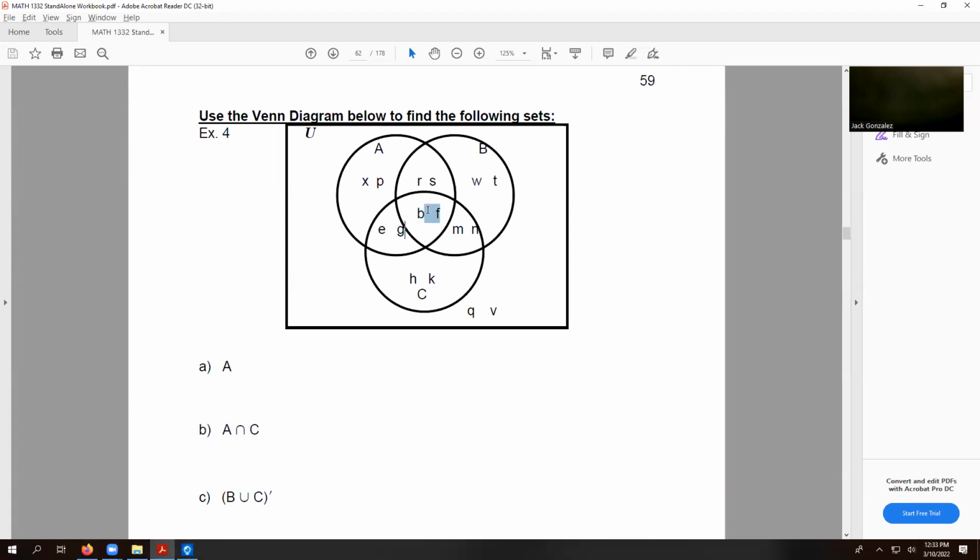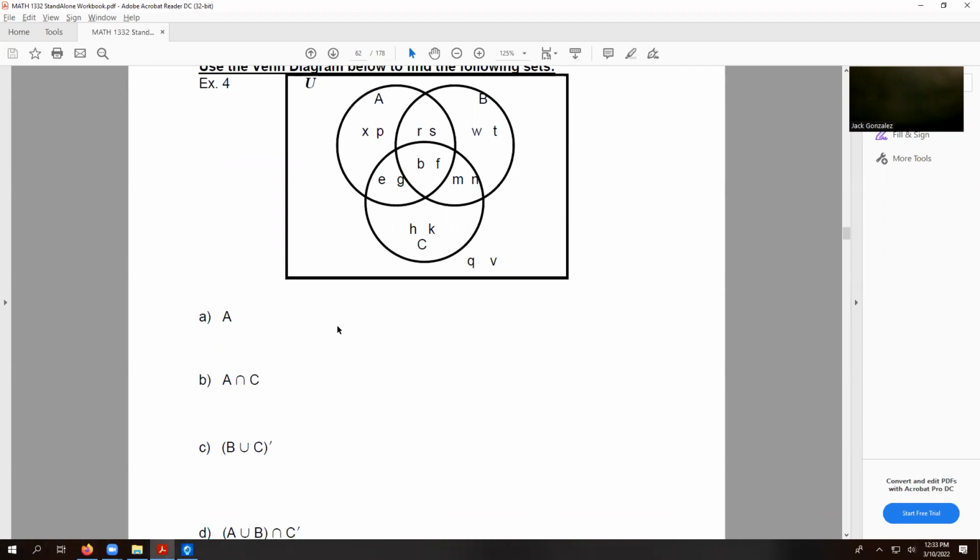So it looks like it's just going to be E, G, B, F. Right, you see it? That's that stuff right there.